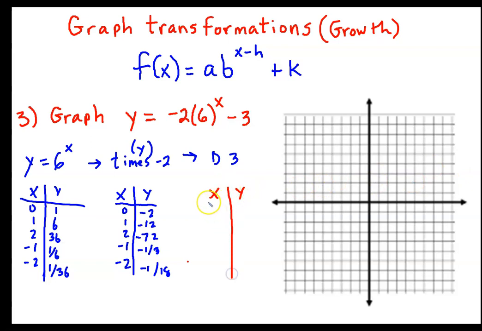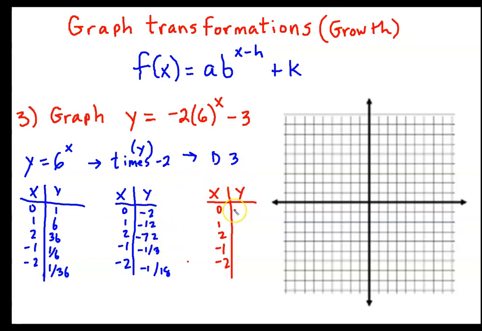My final table, I'm just rewriting these x coordinates. Nothing changed. I didn't move horizontally. But to accomplish down 3, I'm going to take each of the y coordinates and subtract 3.